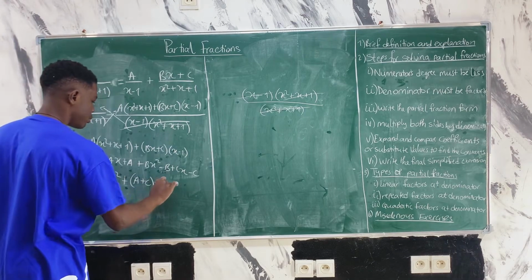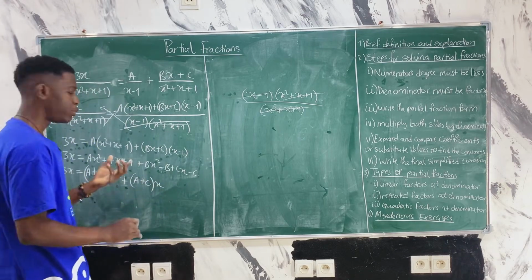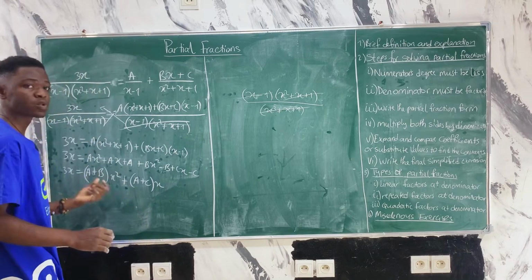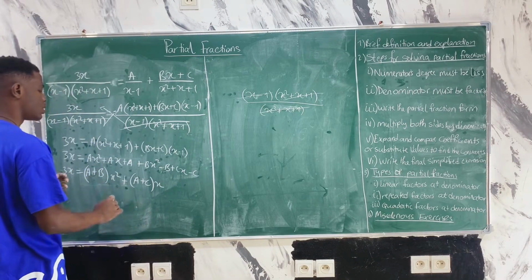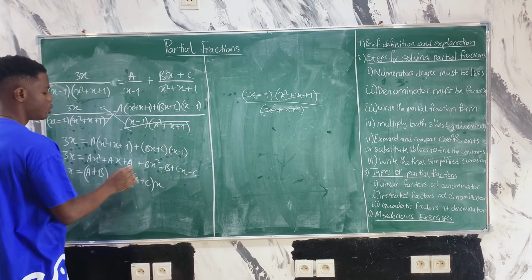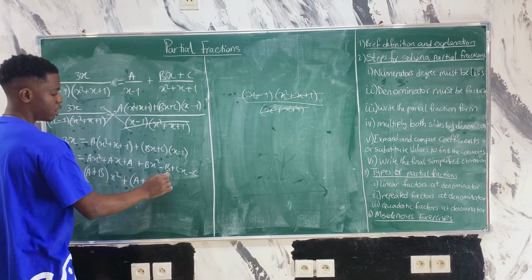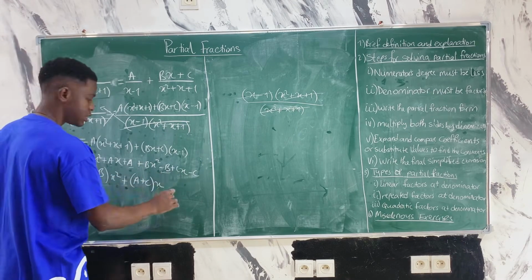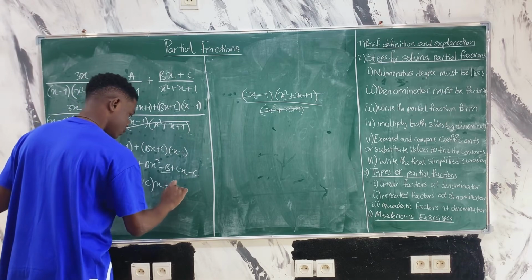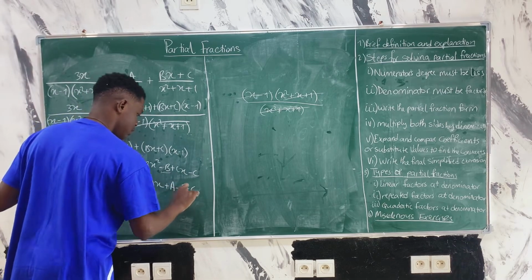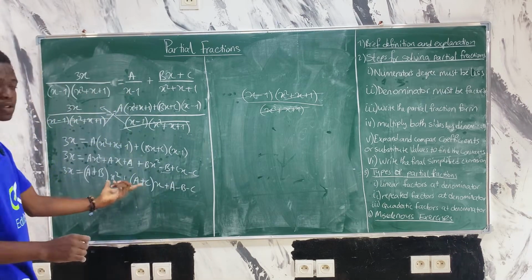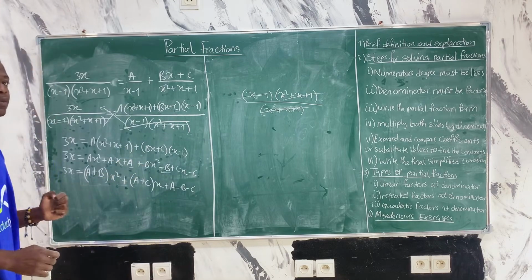I close my bracket and I put x outside. Then I complete with the values that have neither x squared nor x, the values that have nothing as coefficient. So I have a, minus b, and minus c: a minus b minus c. So this is just the equivalent of this, the same thing.